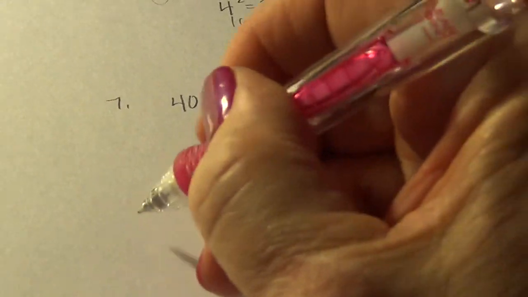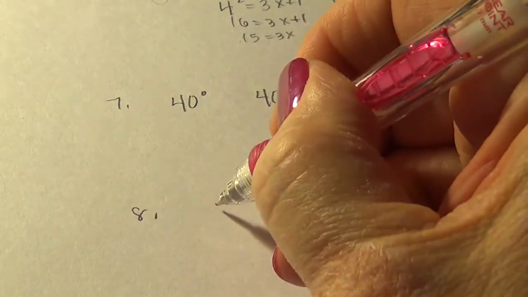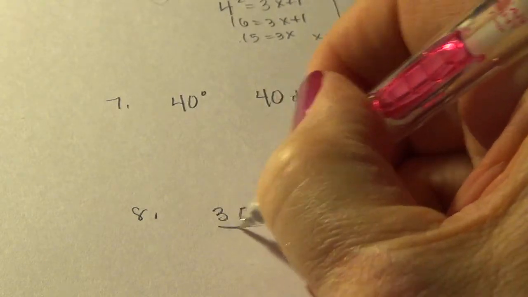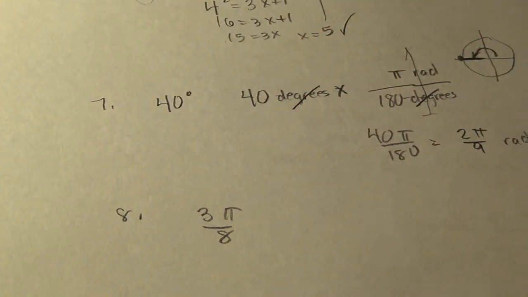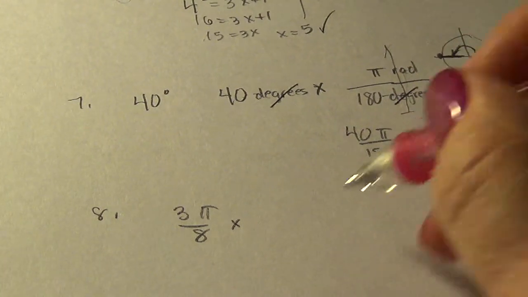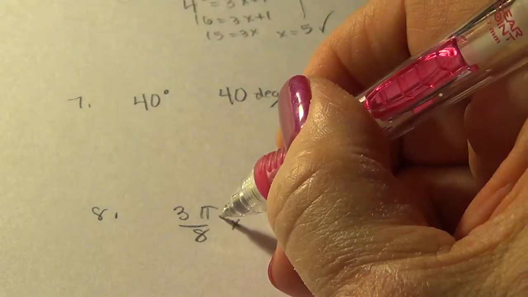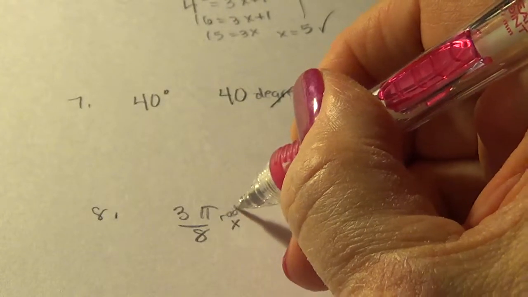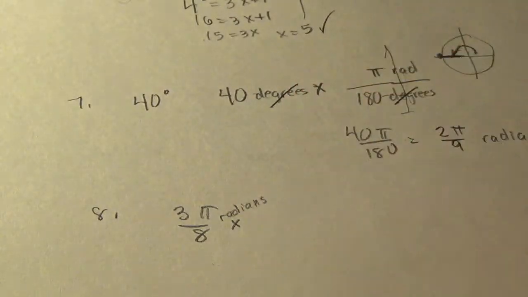So in problem number 8, let's take 3 pi over 8 radians and change it to degrees. So we're going to use the same unit multiplier upside down. So this is in radians, even though it doesn't say, I'll write it in for clarity.